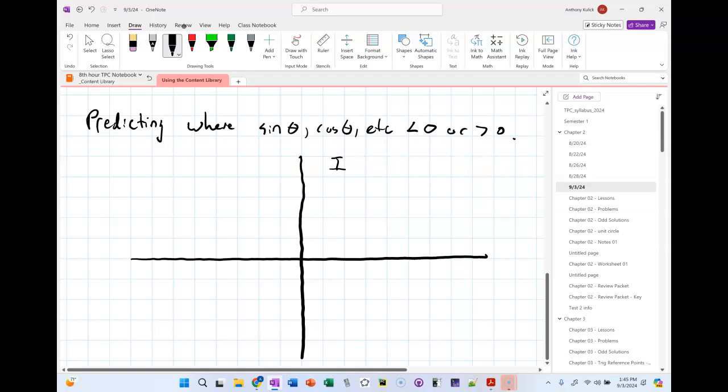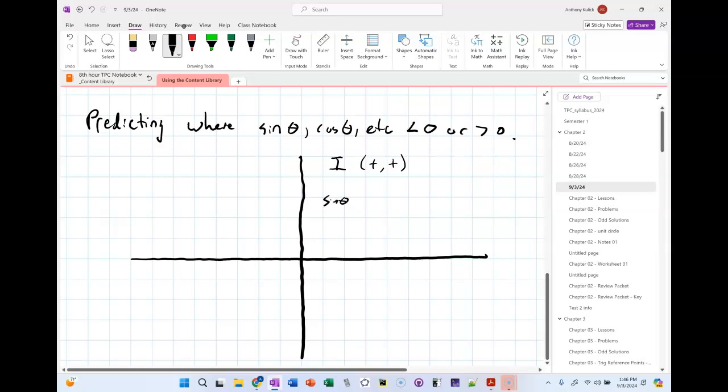In quadrant 1, the x coordinates are positive or negative? Positive. And the y coordinates are positive. And remember, r is a distance. That's always positive. So all of our trig functions should be positive in the first quadrant, because they're all involved with x, y, or r, correct?